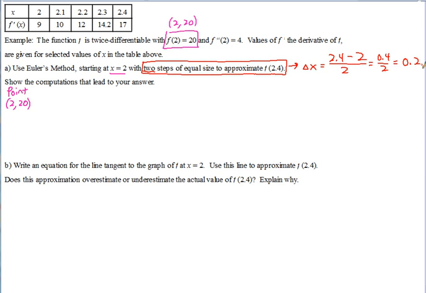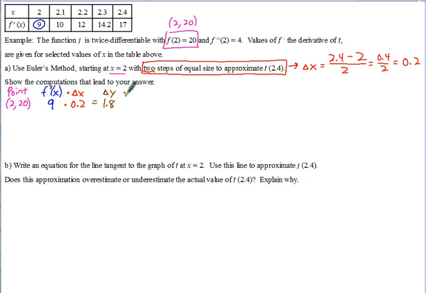In this case, instead of dy/dx, we've got the slope, they just call f prime of x, same thing. So the derivative gives you the slope, which at the point (2, 20), you can see the slope f prime is 9 right there. That'd be 9. We don't have to do any calculations on this one. It already gives you the value in the table. Times your delta x, which is 0.2, gives you the change in the y coordinate, which would be 1.8.